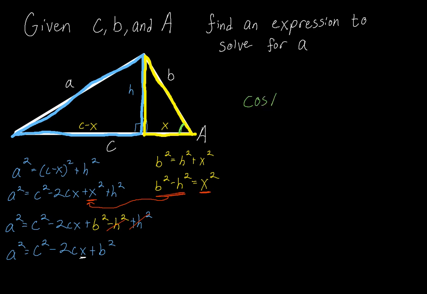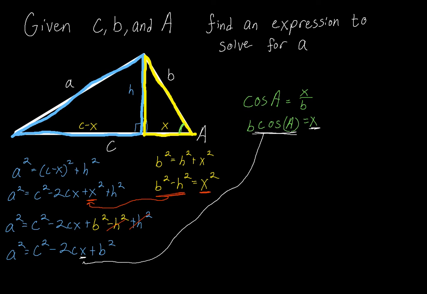If we take the cosine of that angle, well, cosine of capital A is equal to adjacent x over hypotenuse b, which with a little bit of rearranging, b cosine of A equals x. And we were just looking for a way to get rid of that x. Well, now we know x is equal to b cosine of A.